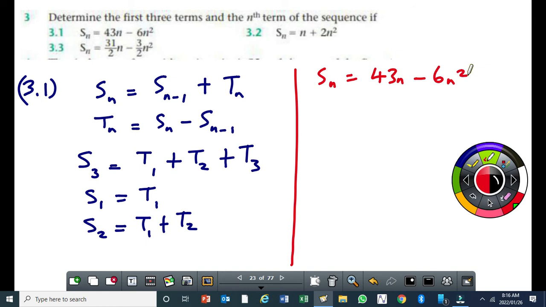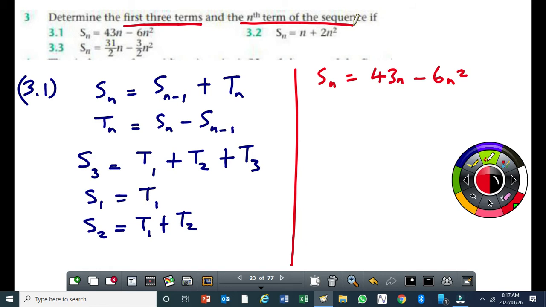Now what does the question say? The question says determine the first 3 terms and the nth term of the sequence. So the question has got 2 parts. We need to determine the first 3 terms, then we also need to determine the general term or the nth term.